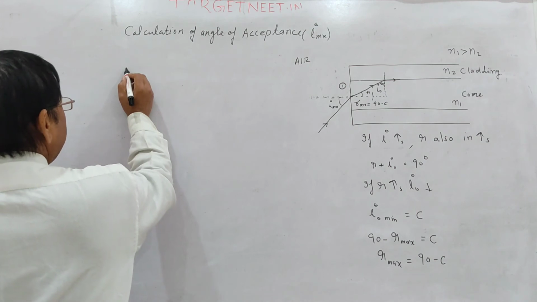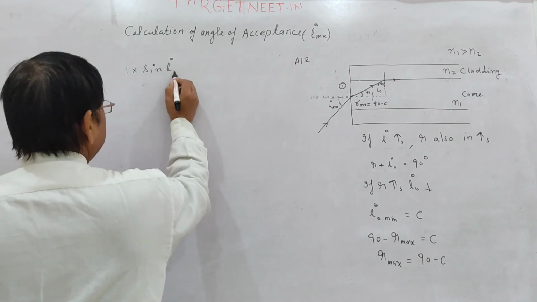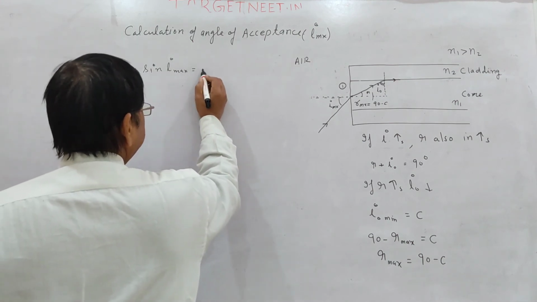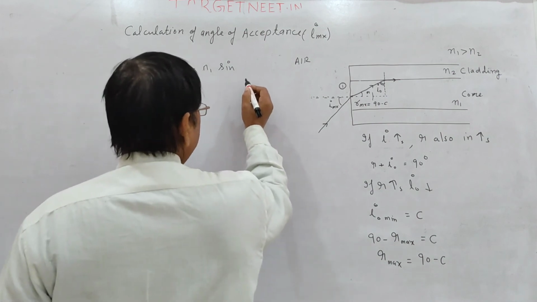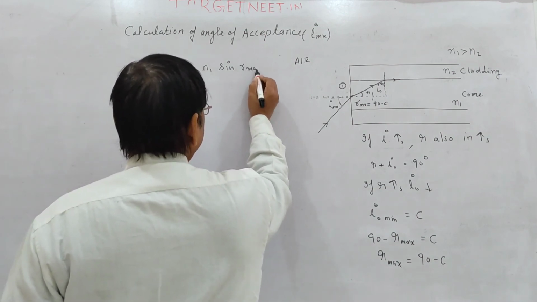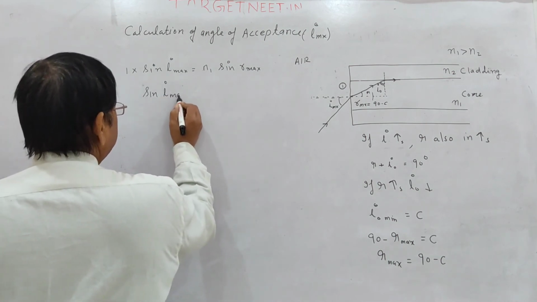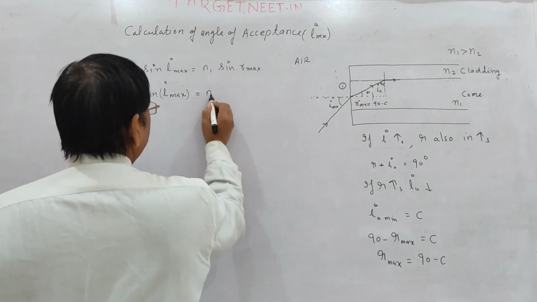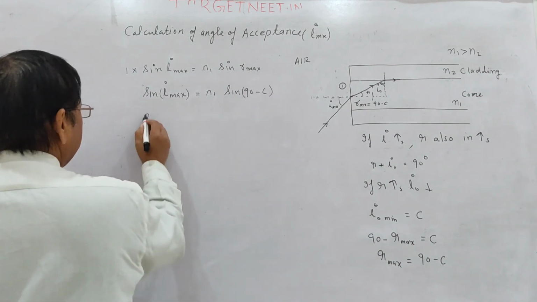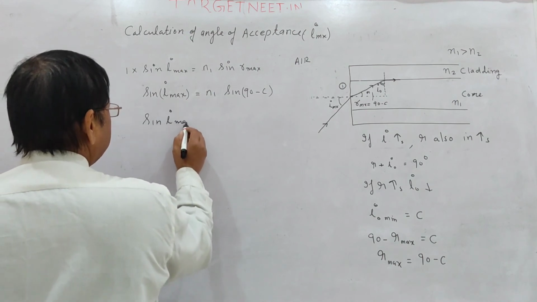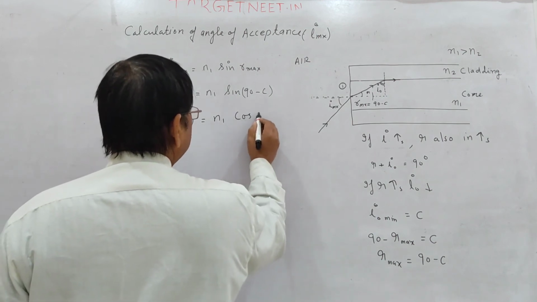So it is 1, the refractive index of air, into sine I max is equal to N1 into sine R max, and R maximum is 90 minus C. So sine of the angle of acceptance is equal to N1 sine of 90 minus C, and sine of 90 minus C is cos C. So sine of the angle of acceptance, the maximum angle of incidence, is N1 into cos C.